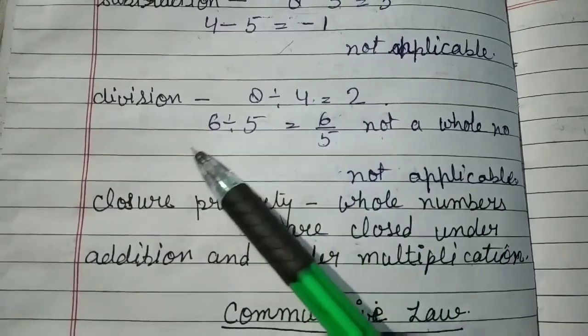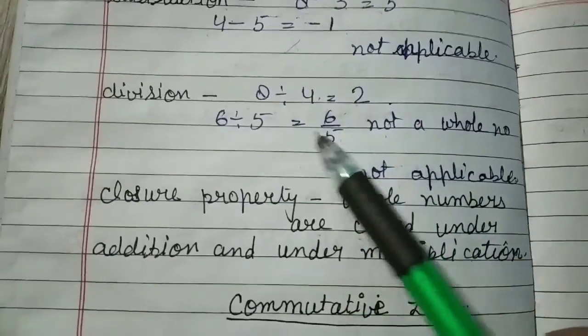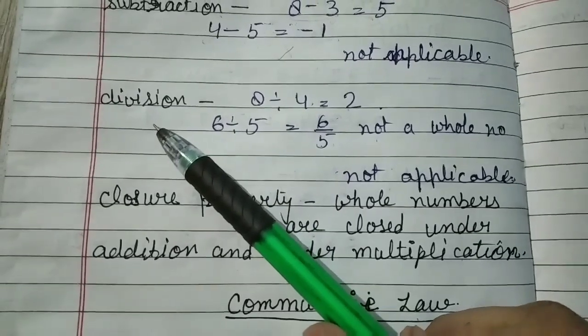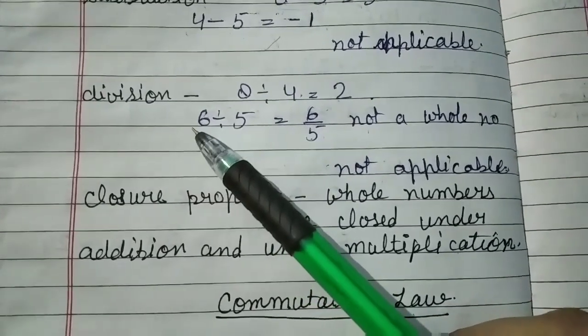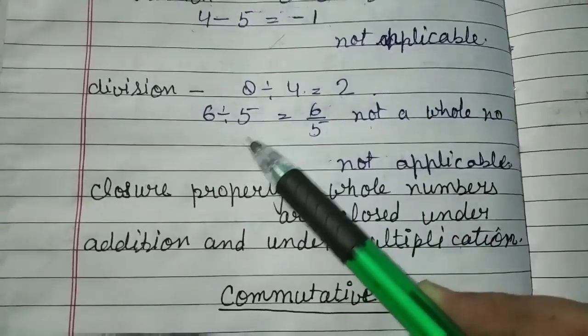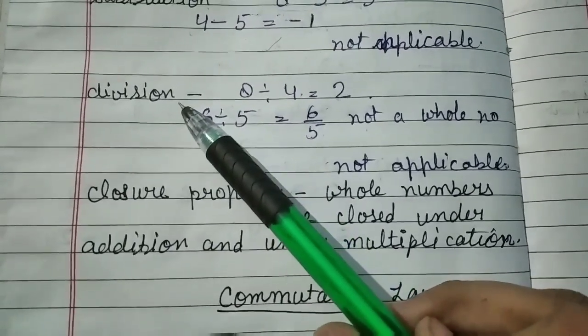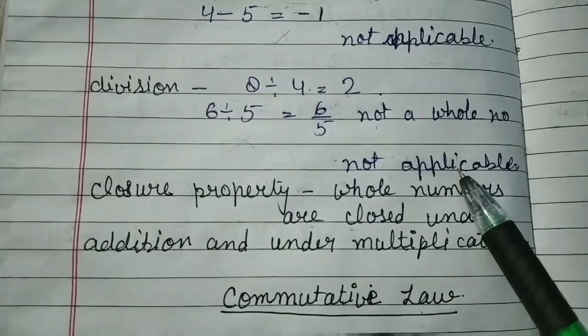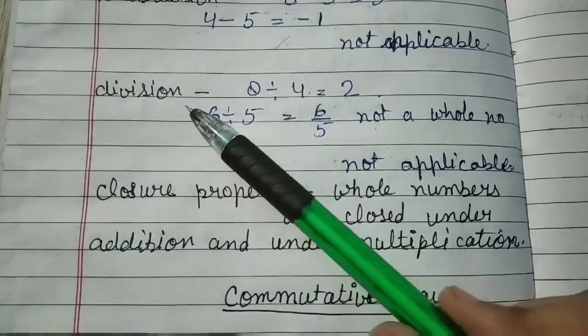As I have already said above, if a case is possible in which the closure property does not hold in division or in any other operation, the whole property is wrong for that particular operation. So closure property is not applicable in division.